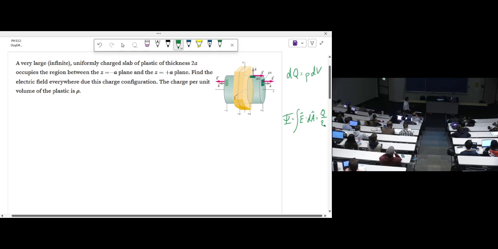What I want you to see is that the integral over the electric field goes as a function of area, but how much charge we've enclosed goes as a function of volume. So as I enclose more charge, the volume grows faster than the surface area containing that volume grows.